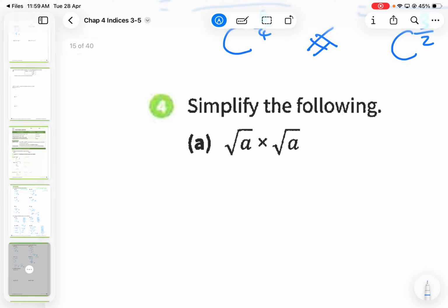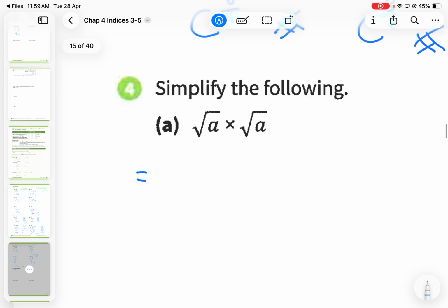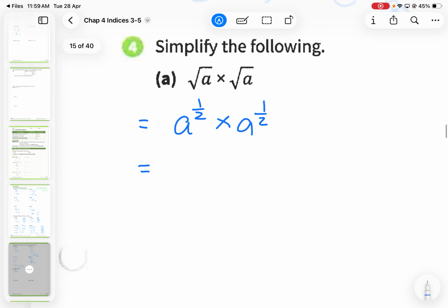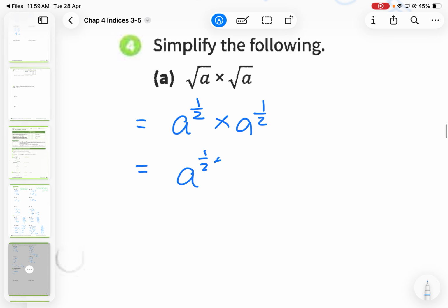Question 4. Hello. What is a square root? A square root is a to the power of half. Half plus half. Okay?